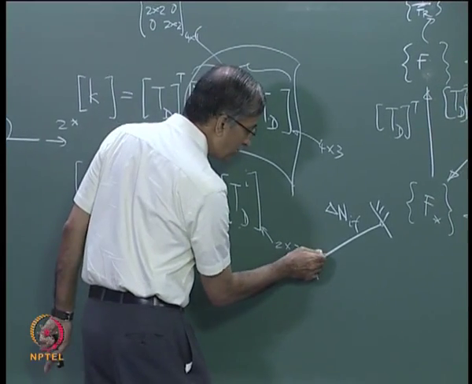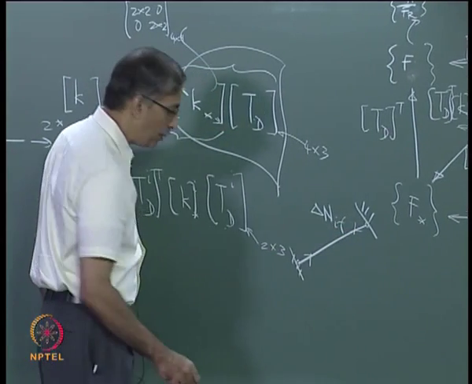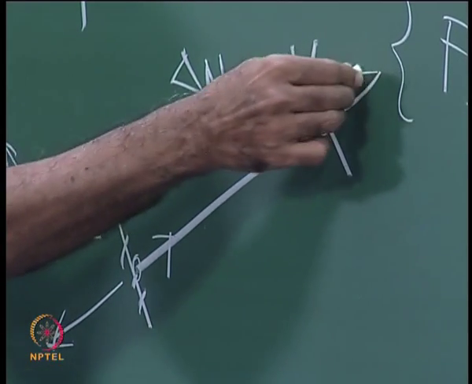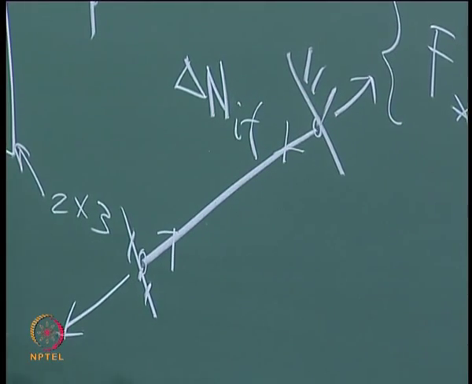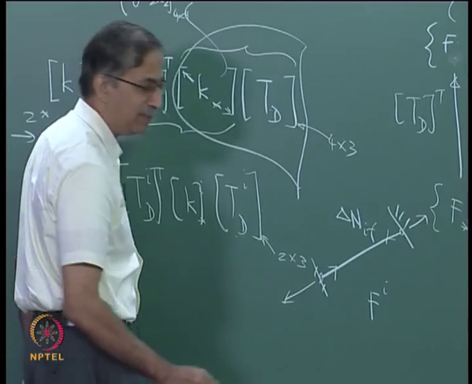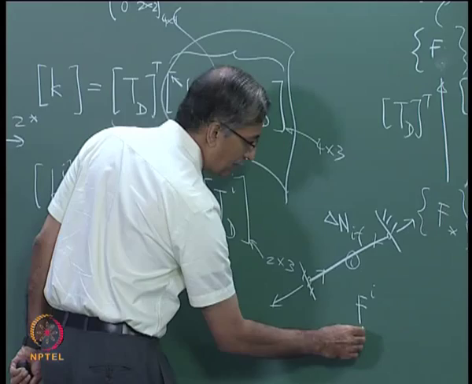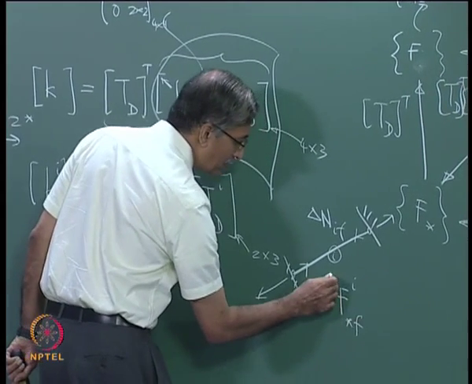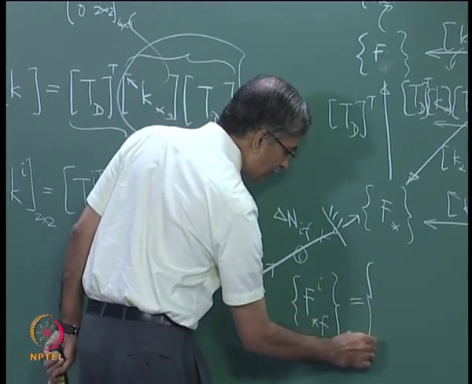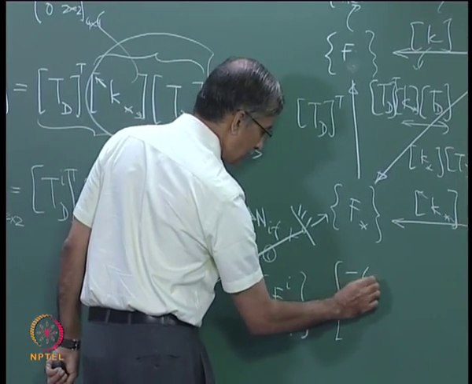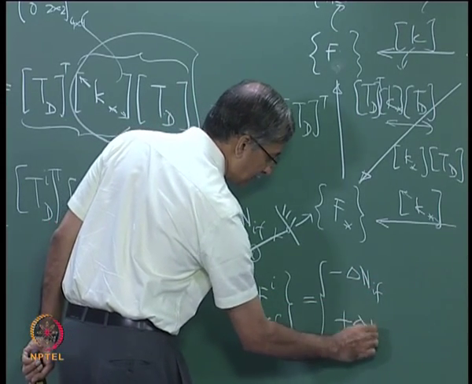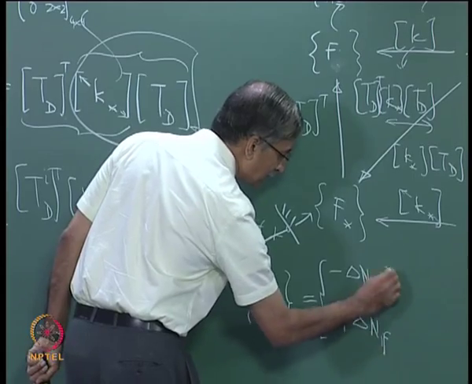So if I can show the tension like that, which means it must be equilibrated by a force like this and a force like that. So my fixed end force vector F for the ith element, star F, what will it look like? It will look like minus delta N IF plus delta N, absolutely right. So this is my first principle.